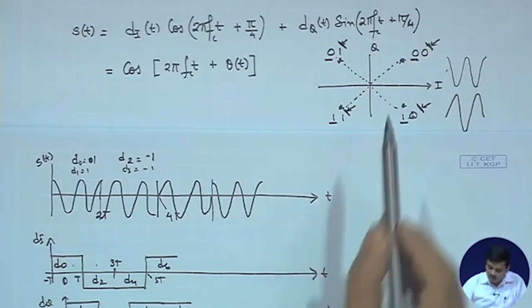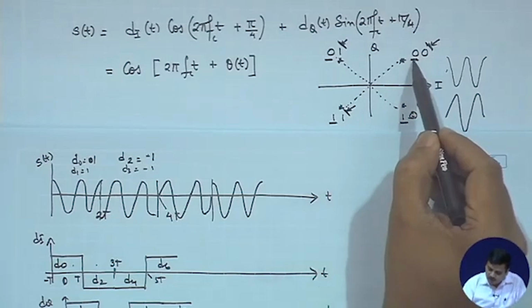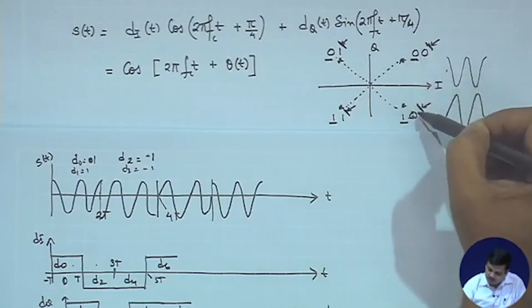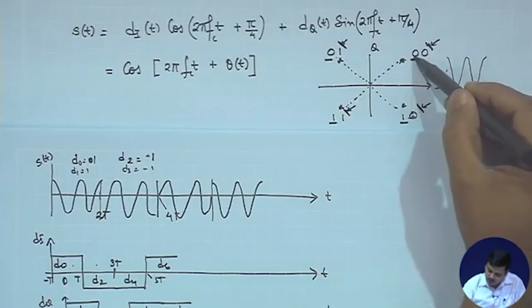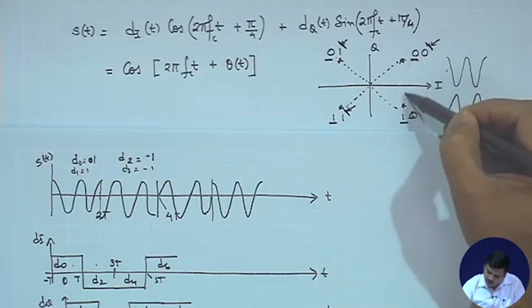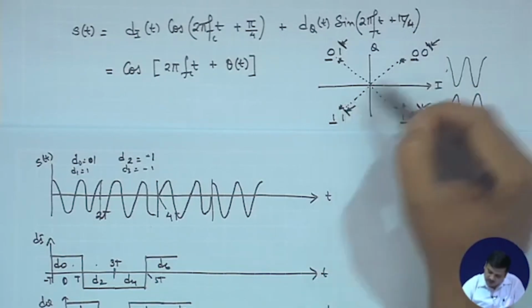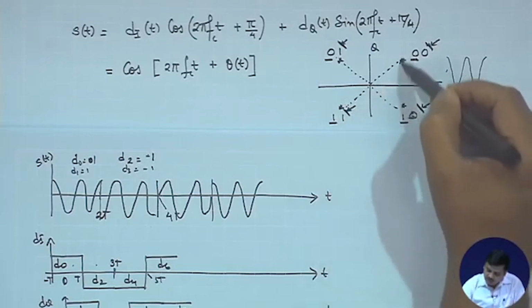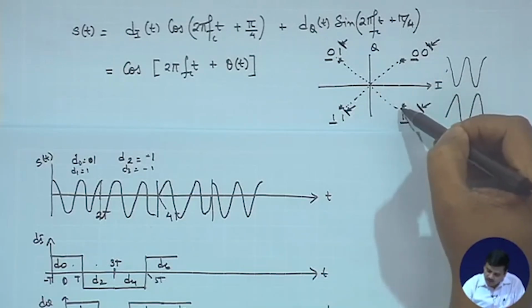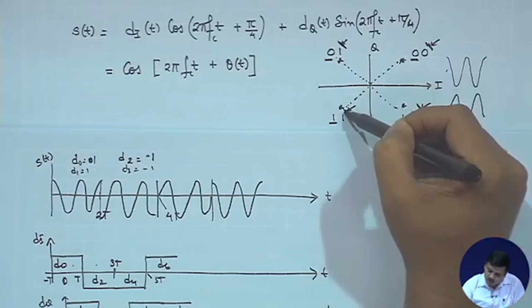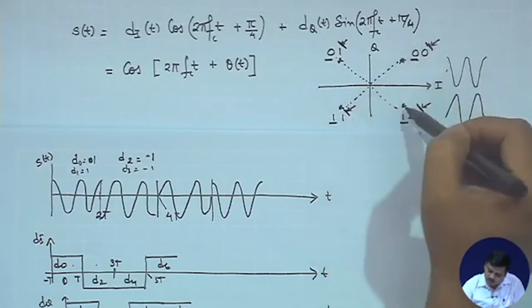So, what you would see is if one of them changes, that means if this remains constant, only I changes. So, I would change from 0 to 1. There is no problem over here, you are not going through a 180 degree phase shift, right. You are just changing from there to there, and that means you are going to shift by pi by 2. If now we say that the I remains constant and Q changes, you could go from 0 to this one. So, not both of them are going through 0.